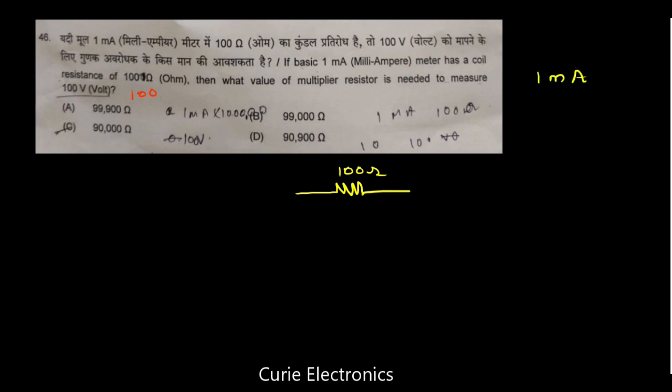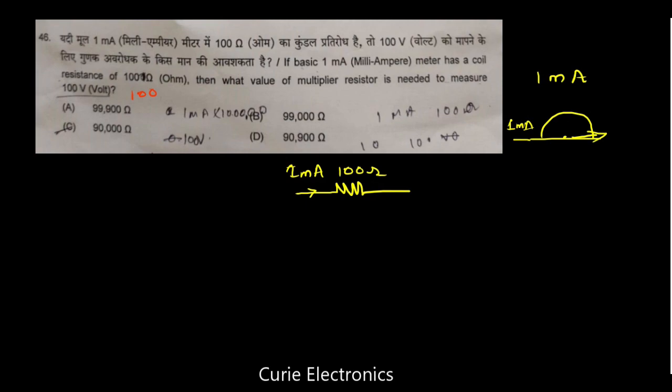That means if you apply 1 milliamp through the meter, then you will get a full scale deflection. Now I know for full scale deflection 1 milliamp current should flow through this resistor.